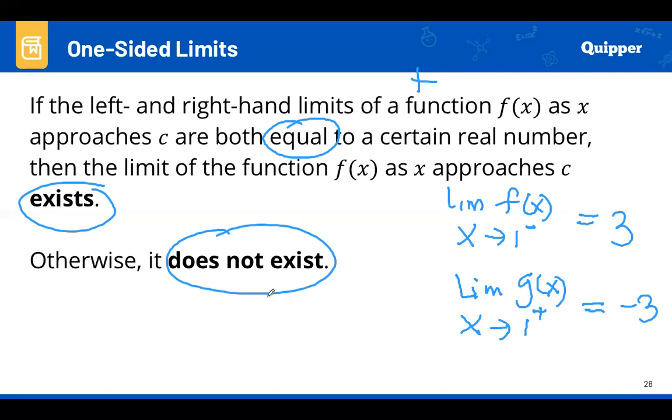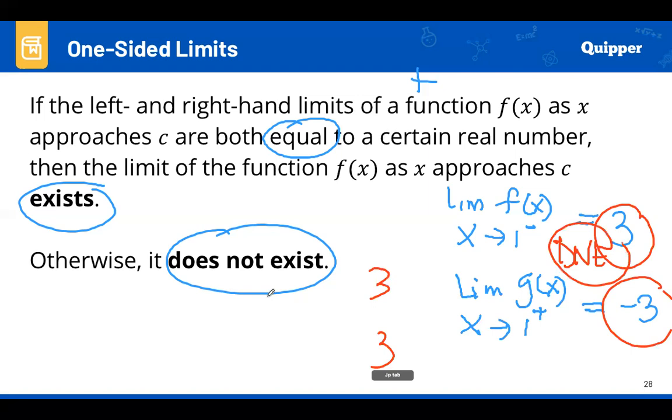If they are not the same, the limit does not exist. So are they the same? We have the first one as 3, the other one is negative 3. So hindi sila parehas. So that means the limit does not exist. But if they are both 3 and 3, then the limit exists. Okay, that is the concept. Now let us try to answer some examples using left hand limit and the right hand limit.